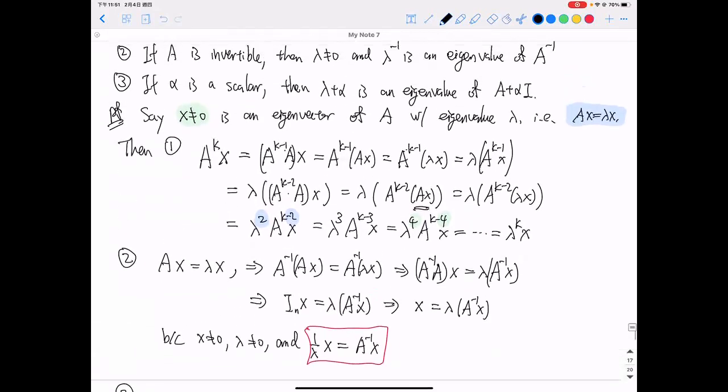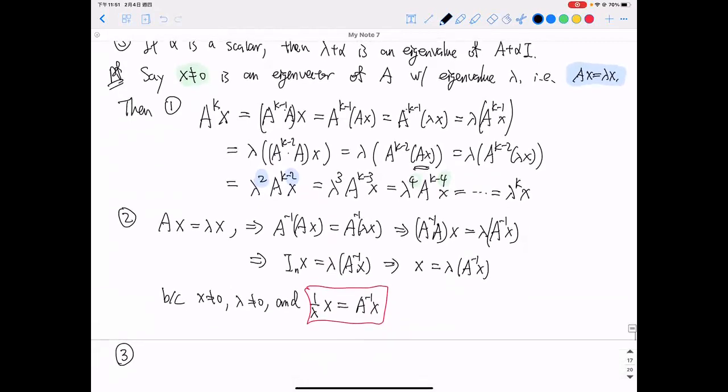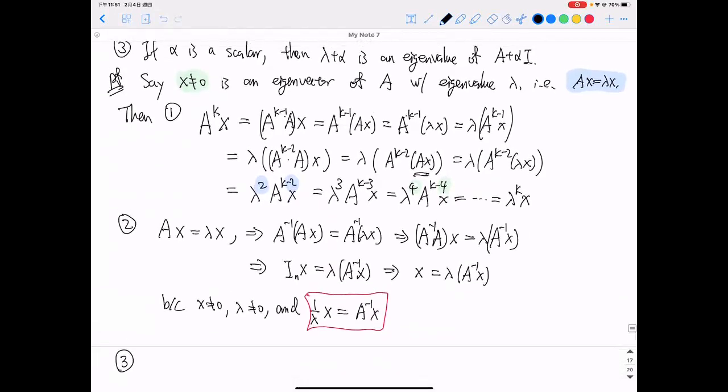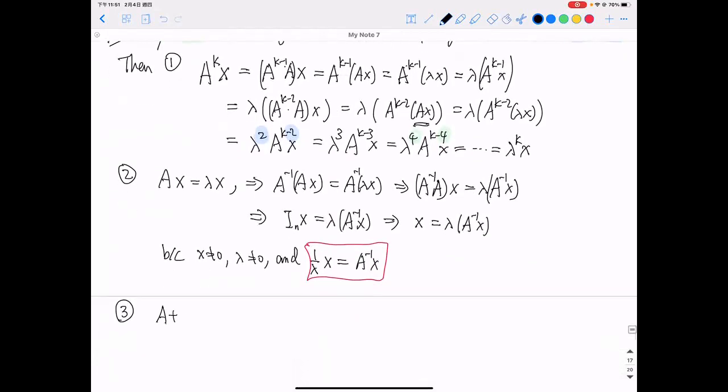Now the third property. I want to consider A plus alpha I. I just look at A plus alpha I and let it act on X. That's AX plus alpha IX. AX is lambda X by choice.